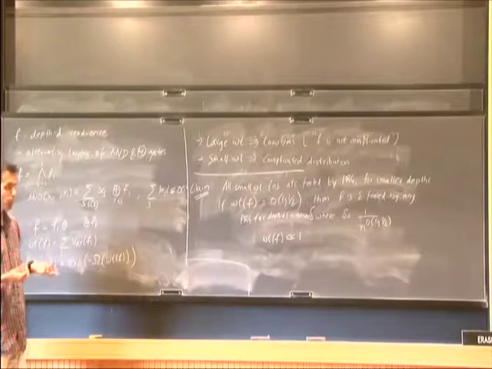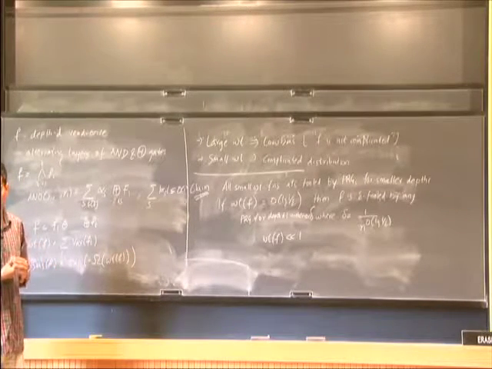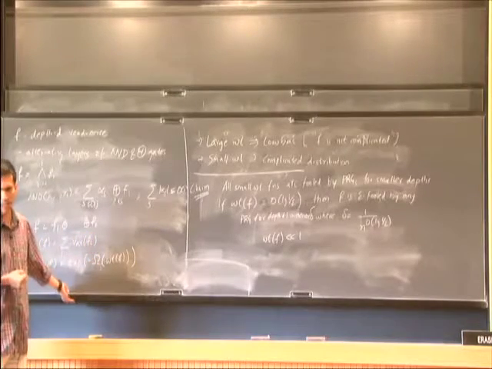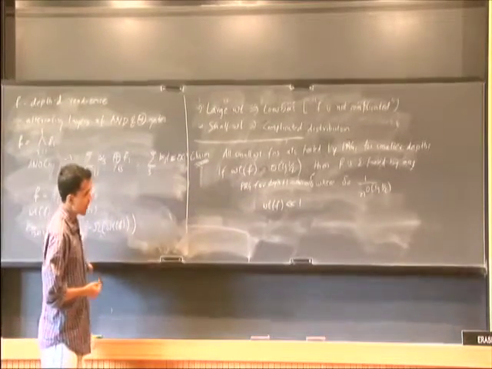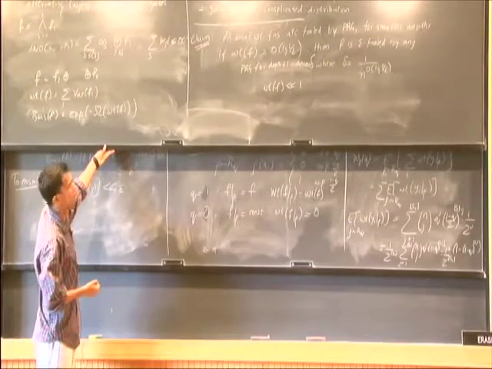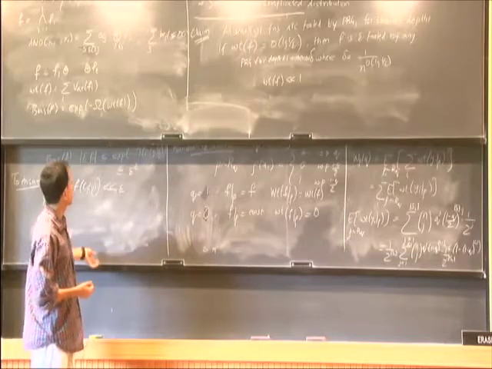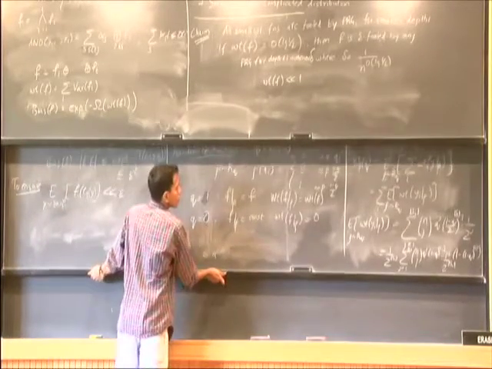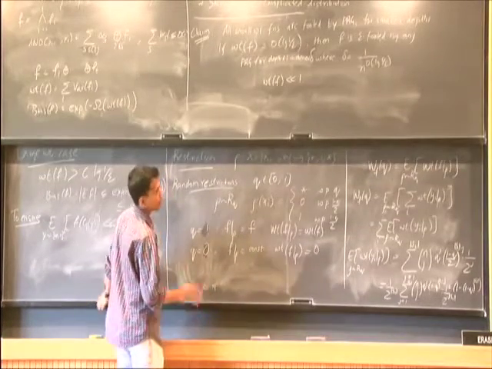So you need to lose in the error, and that's okay. The proof of this is verbatim what I did in the F2 case. The only thing was there I actually got polynomials. Here I'll be looking at a polynomial in the FIs.